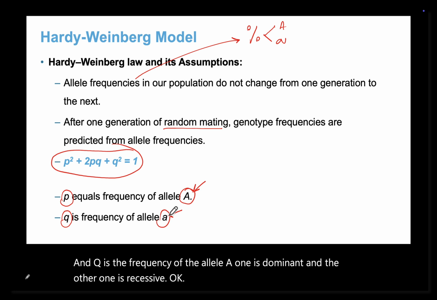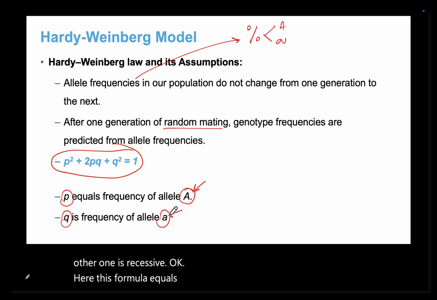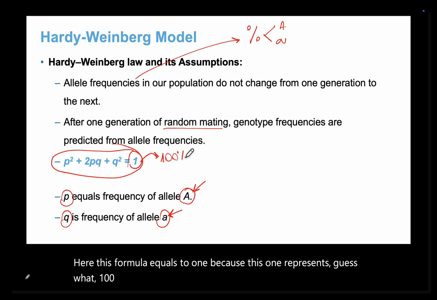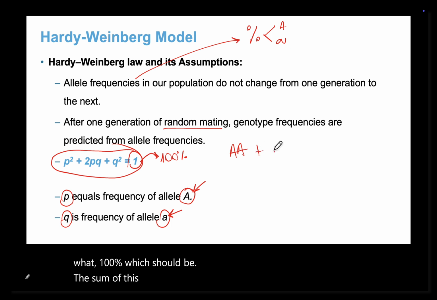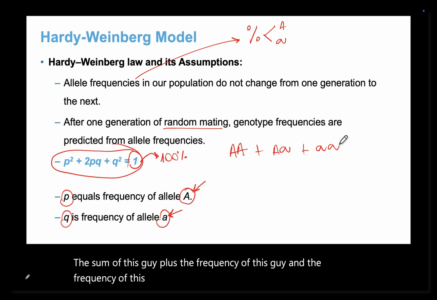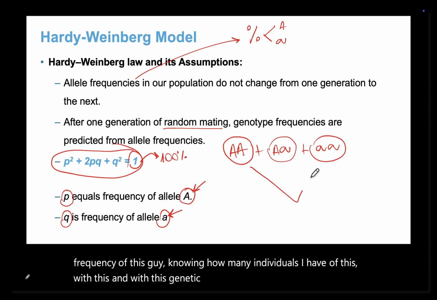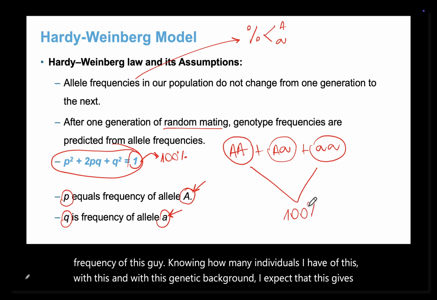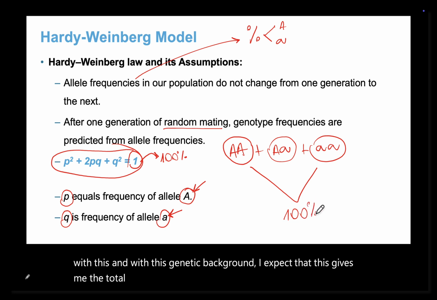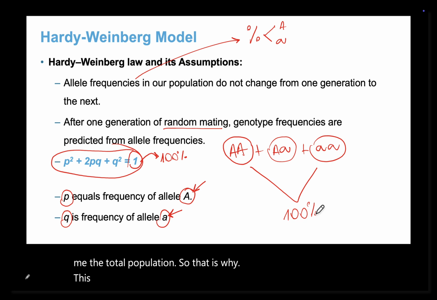Here, this formula equals 1 because this 1 represents, guess what? 100%, which should be the sum of this guy plus the frequency of this guy and the frequency of this guy. Knowing how many individuals I have with this genetic background, I expect that this gives me the total population. So that is why this equation equals 1.